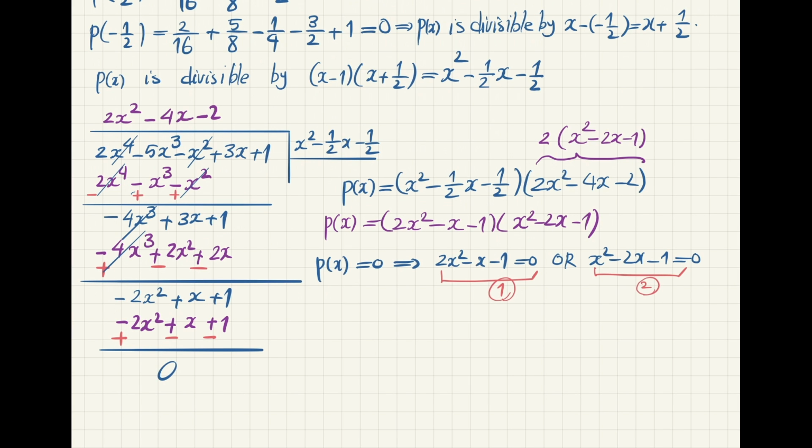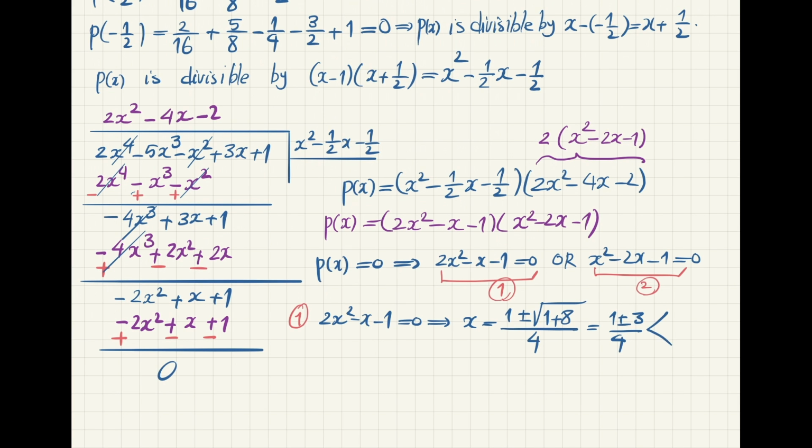Let us solve them. So number 1, I have 2x squared minus x minus 1 equal to 0. So what I get using the ABC formula is 1 plus and minus the square root of 1 plus 8, divided by 4, yes? And then it becomes 1 plus and minus 3 divided by 4.